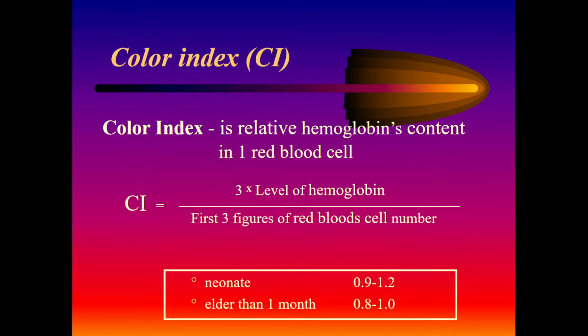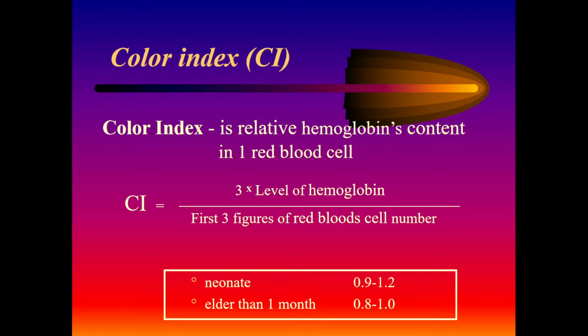Color index is the relative hemoglobin content in a red blood cell. Here is the formula for how to calculate the color index in a real situation. Normally, except in the neonatal period, the color index is between 0.85 and 1.05.